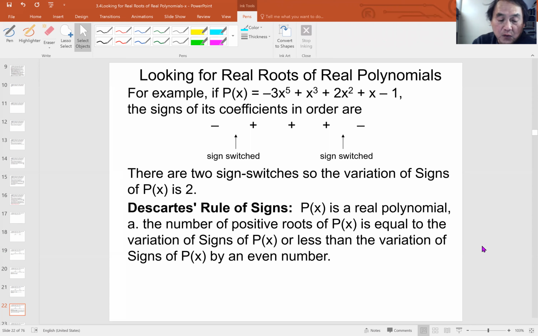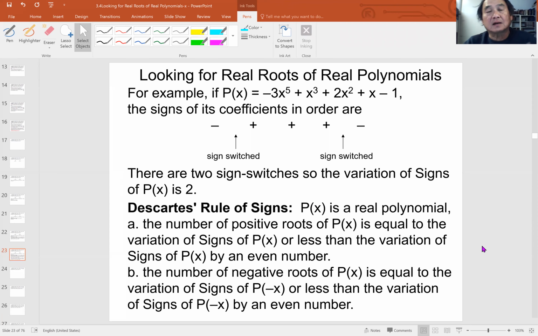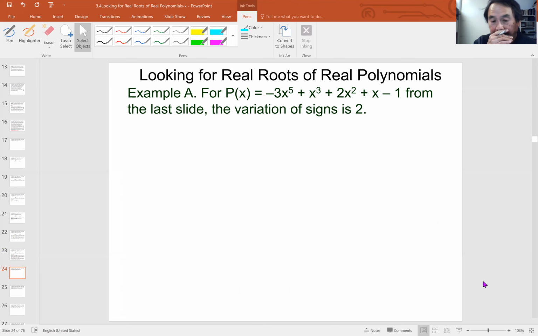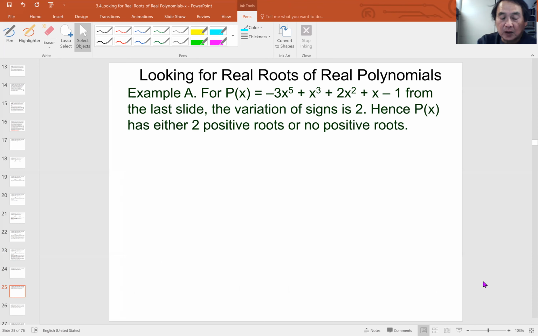And how do we check for negative ones? We plug in negative x, because a negative root becomes a positive root for p of negative x. So we do the same thing: check the variation of signs for p of negative x, which gives the number of negative roots as equal to, or less than, the variation by an even number. From the last slide, we concluded there could be 2 positive roots or no positive roots.